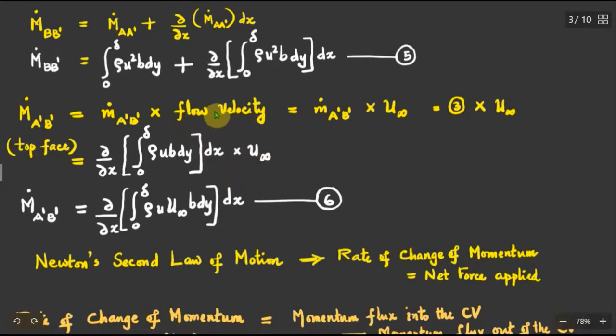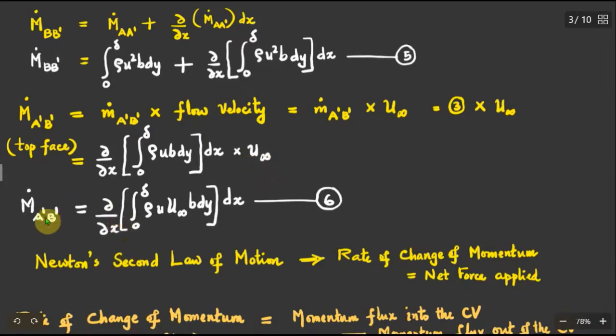The flow velocity through the top face, as the flow enters the boundary layer from outside, definitely will be equal to the free stream velocity. So that's why we multiply the mass flux through A dash B dash by flow velocity u infinity.